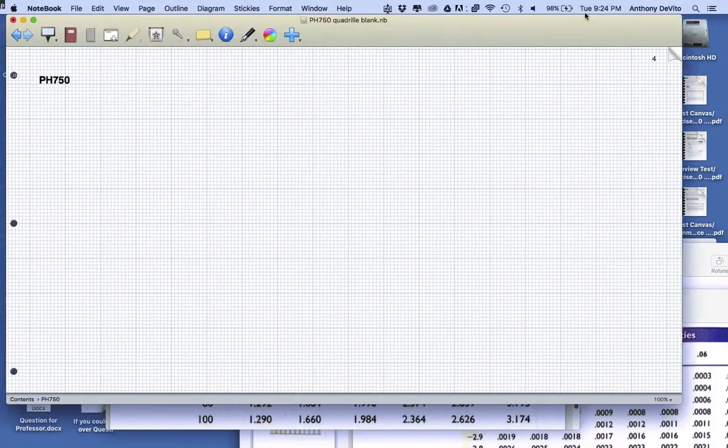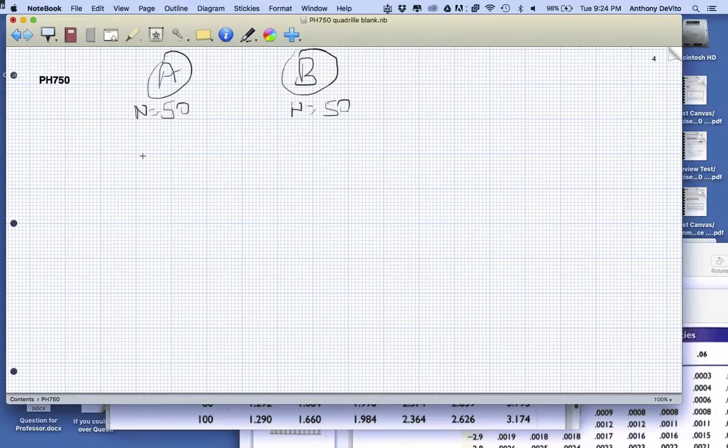Okay, so when we wind up in that situation, what do we have? We have two populations. We have population A and we have population B. Let's say I take a sample size of 50 people from population A, and I take a sample size of 50 people from population B. And I find that X bar for population A is equal to 50, and the standard deviation is equal to 10.